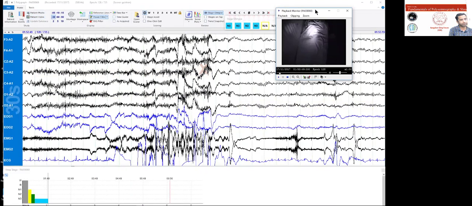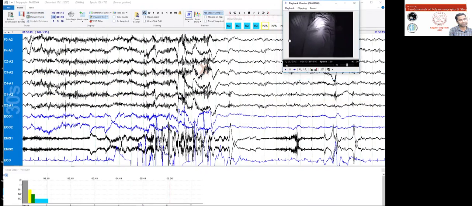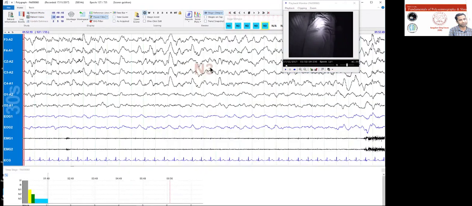So you can see whether the person is moving here or not. In the video, the person moves at the time when the EMG movement is there. So now we see the behavioral part of this.